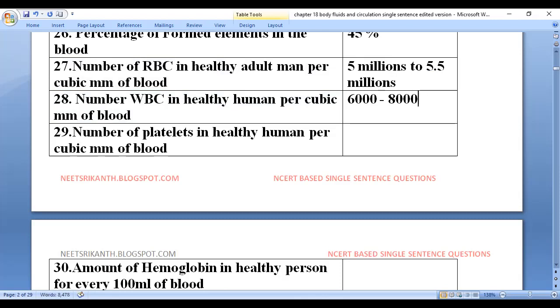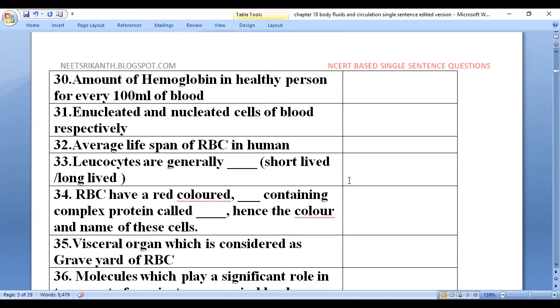Number of platelets per cubic millimeter of blood, 1,50,000 to 3,50,000. Amount of hemoglobin in a healthy person per 100 ml of blood, 14 to 16 grams. Enucleated and nucleated cells of blood respectively are RBC and WBC.